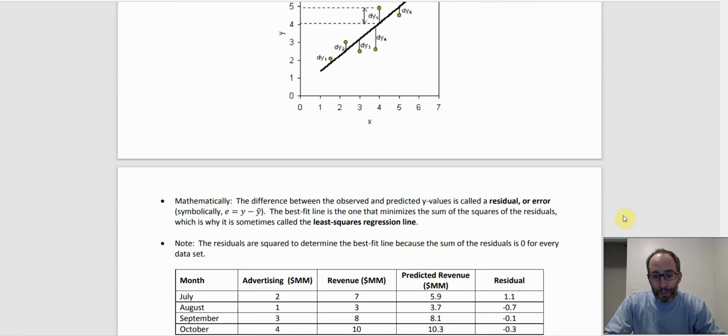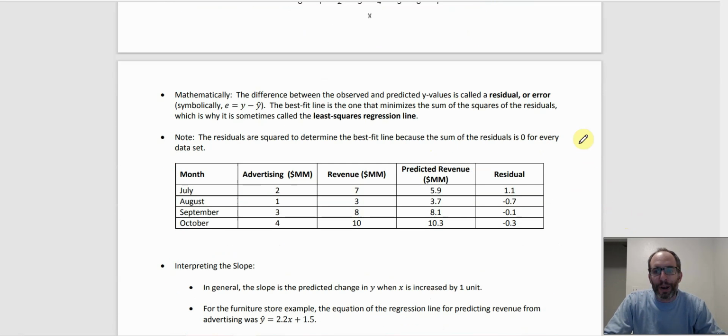All right, so mathematically, in order to get it, there's this idea of least squares. The thing that gets squared is something called a residual or an error. And a residual is the difference between the observed and predicted Y values, like in that example, the observed and predicted revenue.